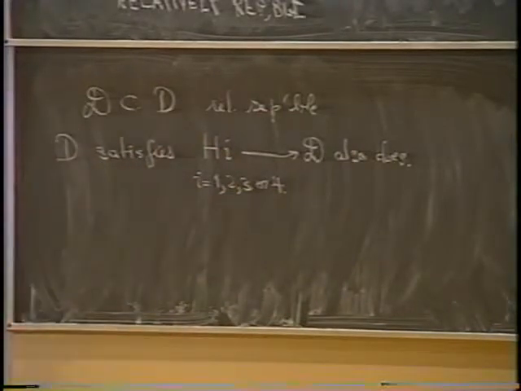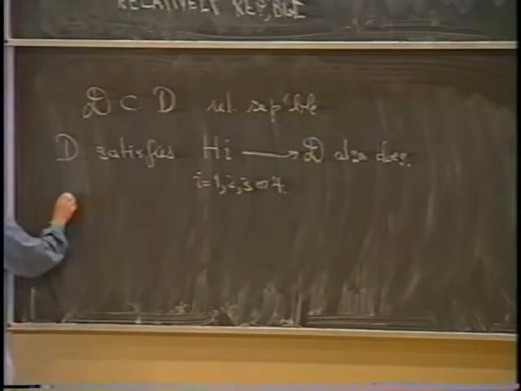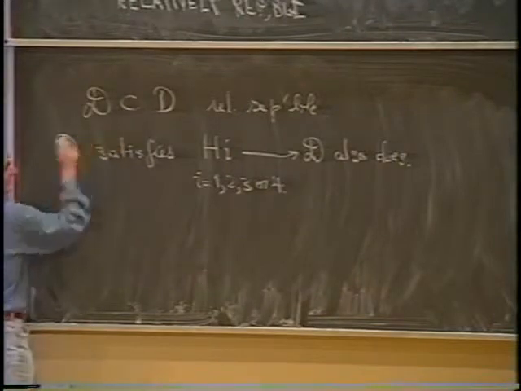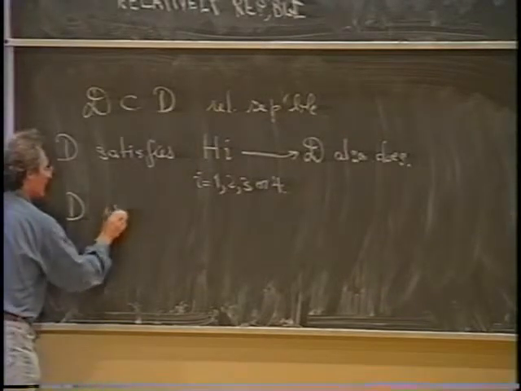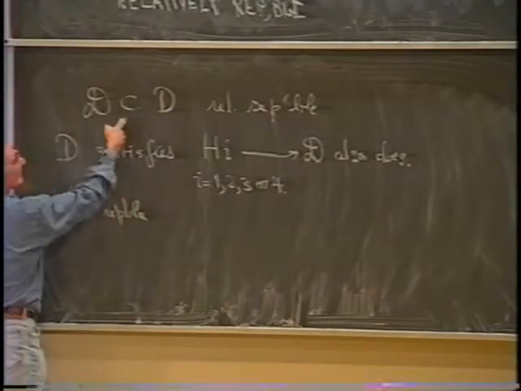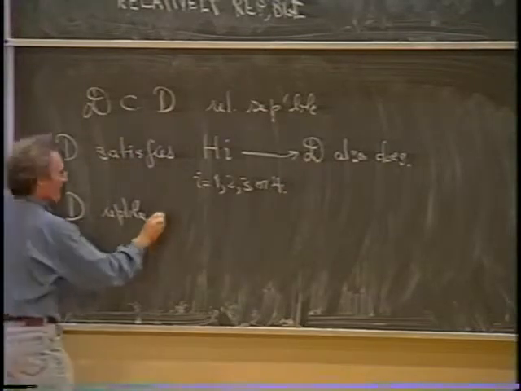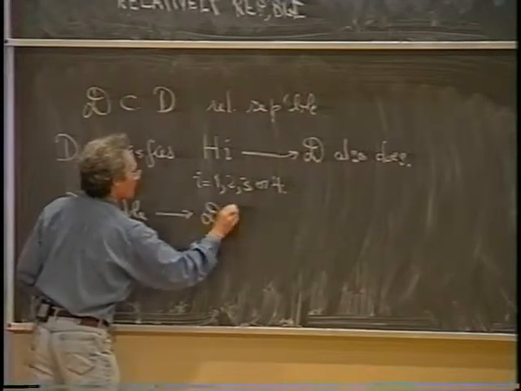In fact, it's immediate. In particular, relatively representable deserves its name in the sense that if D is representable and script D in D is relatively representable, then script D is representable.